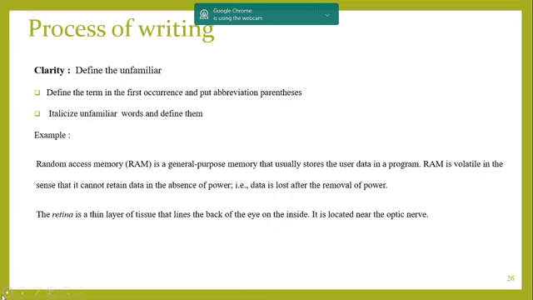And also the retina, it is an unfamiliar word because I don't know about the retina. So what is retina? It is in italics. The person reading for the first time sees the retina italicized, so I can understand that this word is very new to me, and the definition is also given: it is a thin layer of tissue at the back of our eyes.